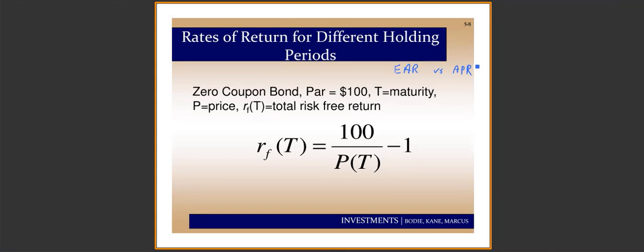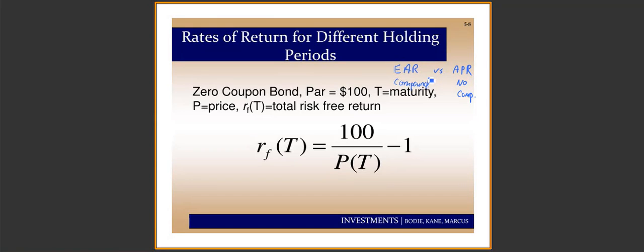APR versus effective annual rate. The main difference, and I'll just write it here and then we'll work these slides, is that the annual percentage rate does not take into account compounding. So I'm going to put no compounding. Whereas the effective annual rate does take into account compounding.